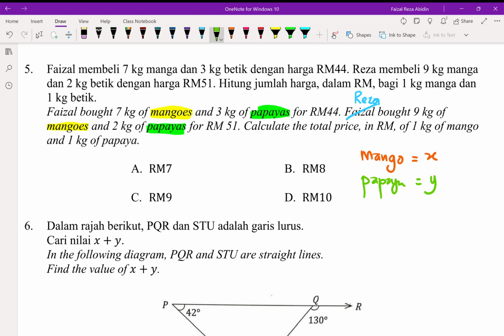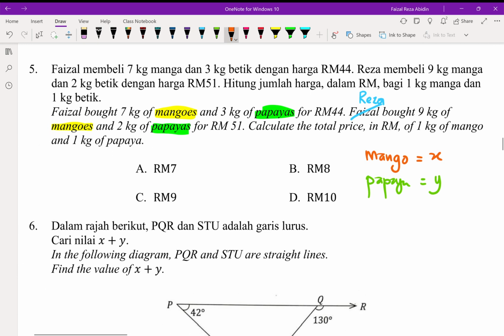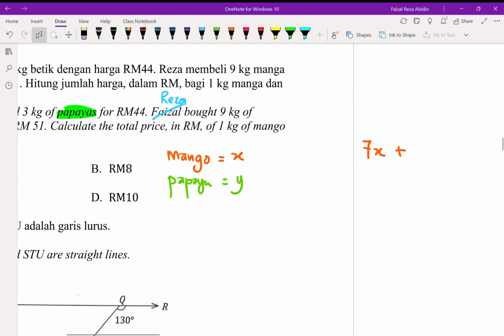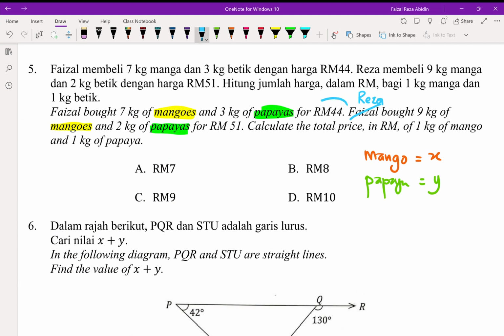7 kilo of mango. How do you write it into an equation? 7x. Okay, so for Faizal you are going to have 7x, plus how many kilogram of papaya did Faizal buy? 3, so you write 3y. How much money did Faizal pay? 44.